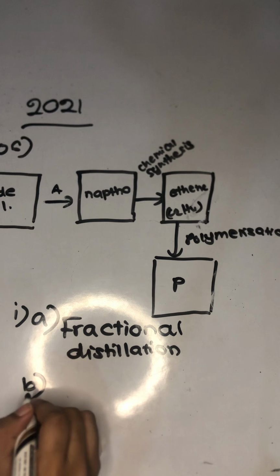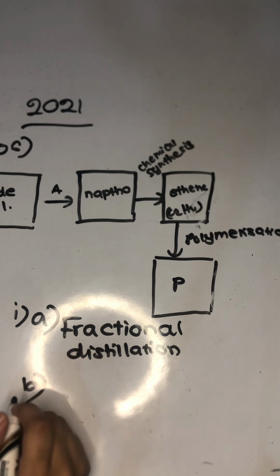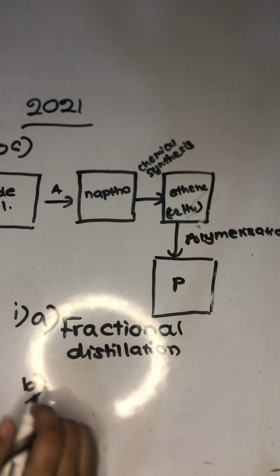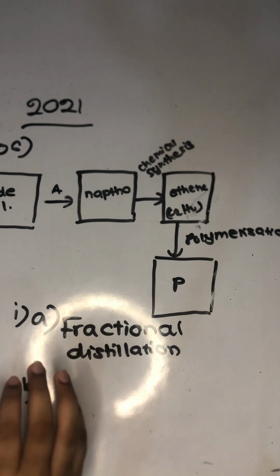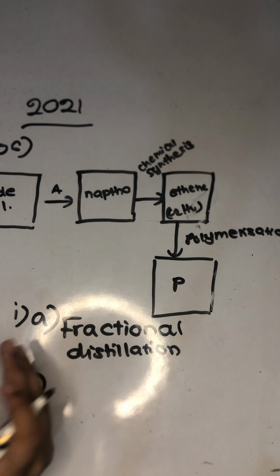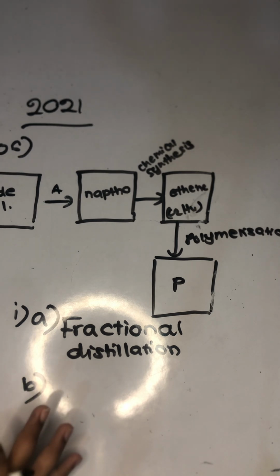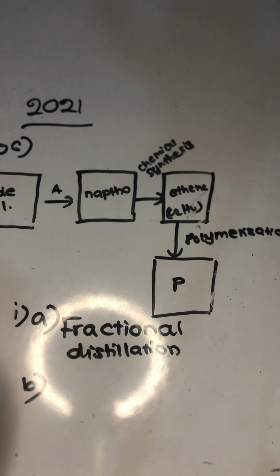B part: state a solid component that can be separated from crude oil using the technique you mentioned in A above. So based on fractional distillation, what is the solid component that can be separated? There are so many. The first one you can think of when they say solid component is solid hydrocarbons.